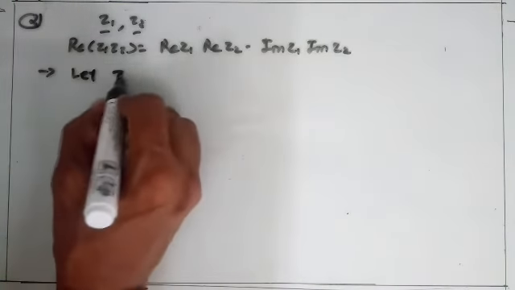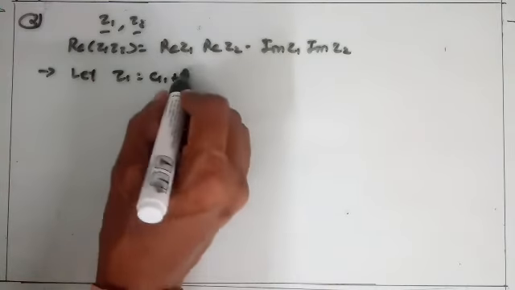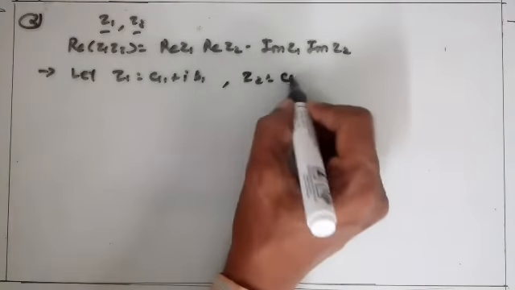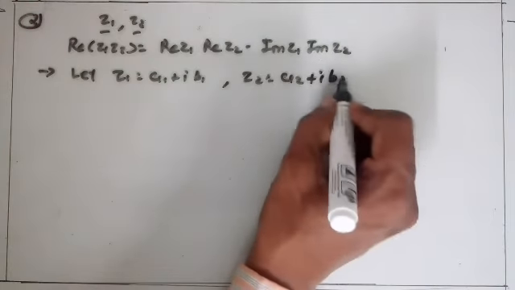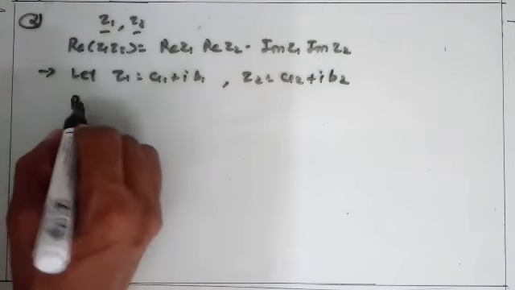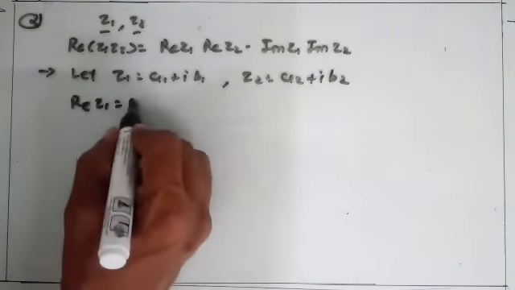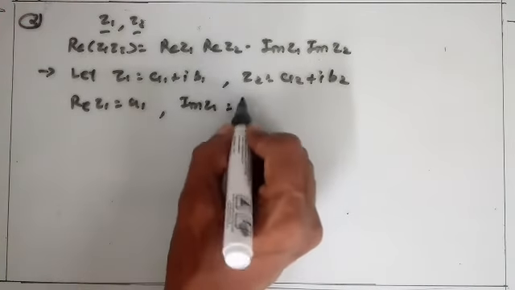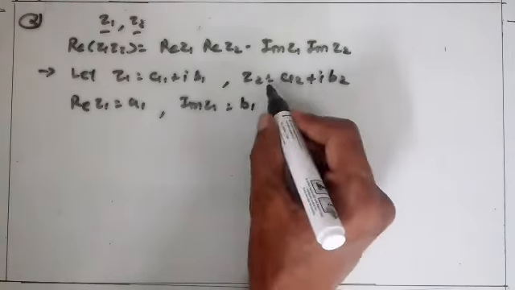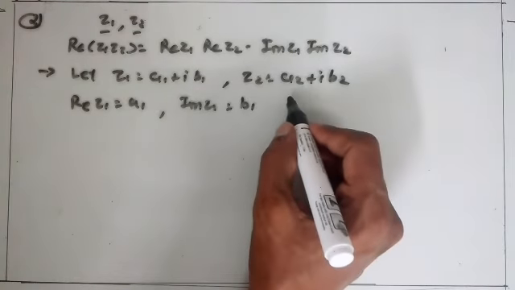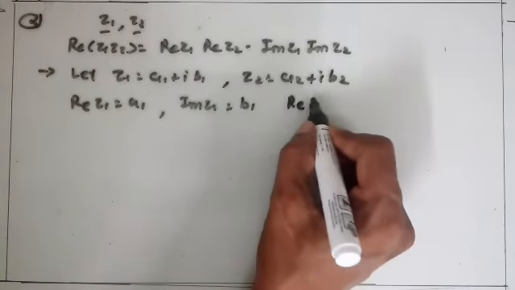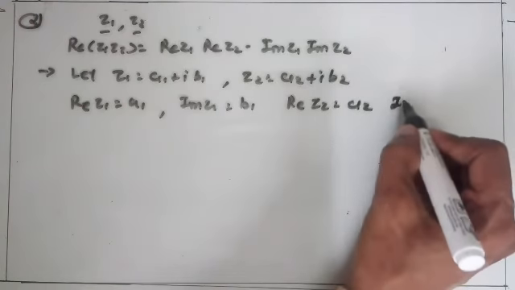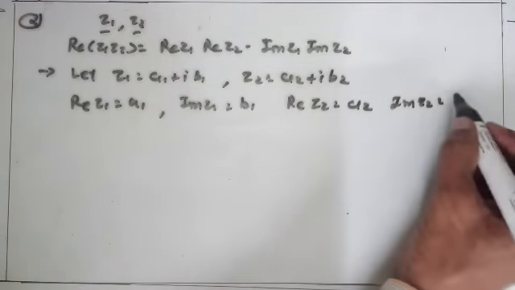Let Z1 is equal to a1 plus i b1 and Z2 is equal to a2 plus i b2. Here real part of Z1 is equal to a1 and imaginary part of Z1 is equal to b1. Clear? Similarly for the second complex number, real part of Z2 is equal to a2 and the imaginary part of Z2 is equal to b2.